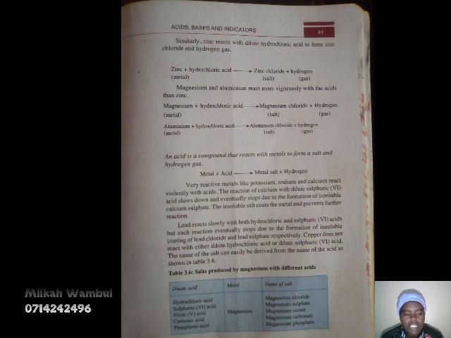Sulfuric acid plus magnesium gives magnesium sulfate plus hydrogen gas. Nitric acid plus magnesium gives magnesium nitrate plus hydrogen gas. Carbonic acid reacted with magnesium gives magnesium carbonate plus hydrogen gas, and so on.